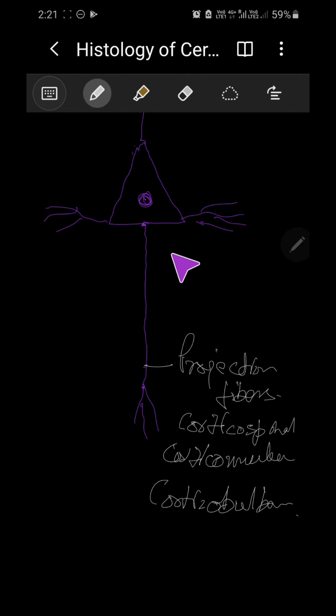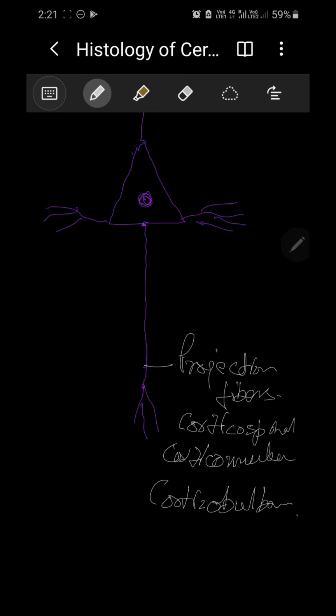So these fibers will descend down even to the basal ganglia and to the cells of the nuclei of the brainstem, then to the anterior horn of the spinal cord, and they decussate at the upper medulla and the lower medulla to reach the contralateral side. They will pass through the internal capsule, so they're really long neurons, and these are the projection neurons. Of course, they will all be myelinated by the oligodendrocytes.